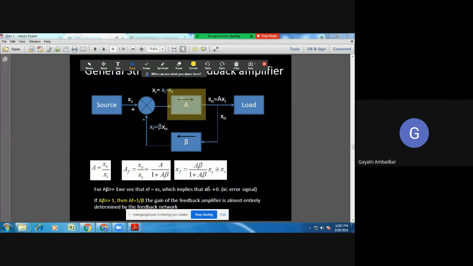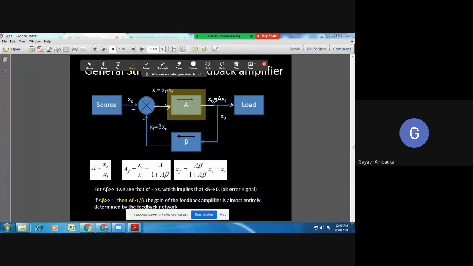A is written, so this is the amplifier. Whatever is available at the input, I will call the signal Xi. The signal which is input to this amplifier, I will call Xi. This amplifier produces the output signal XO.